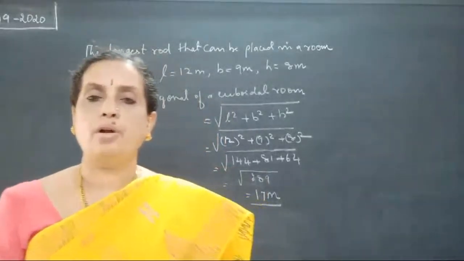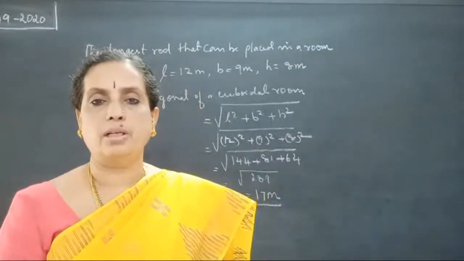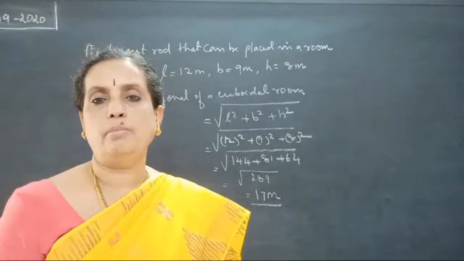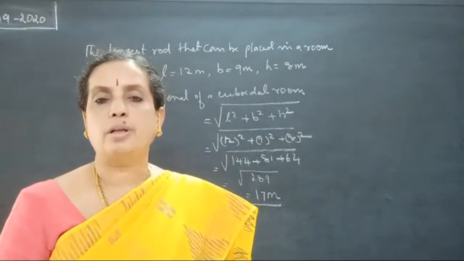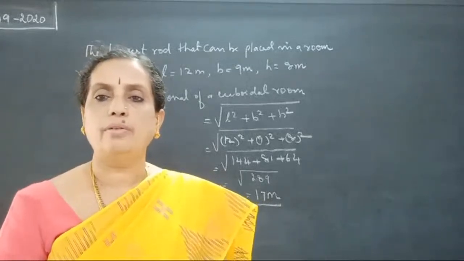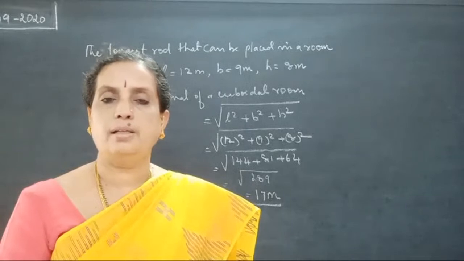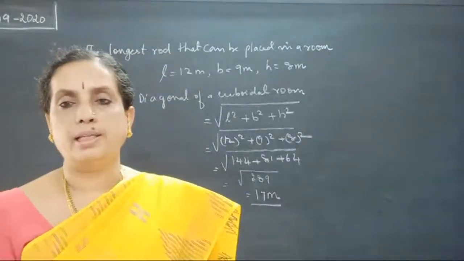You may have an MCQ question like that: the longest rod that can be placed in a room of dimensions 17 meter, 7 meter, 8 meter, and so on. We need to substitute the appropriate values into the formula. Is it clear? The same type we did yesterday.